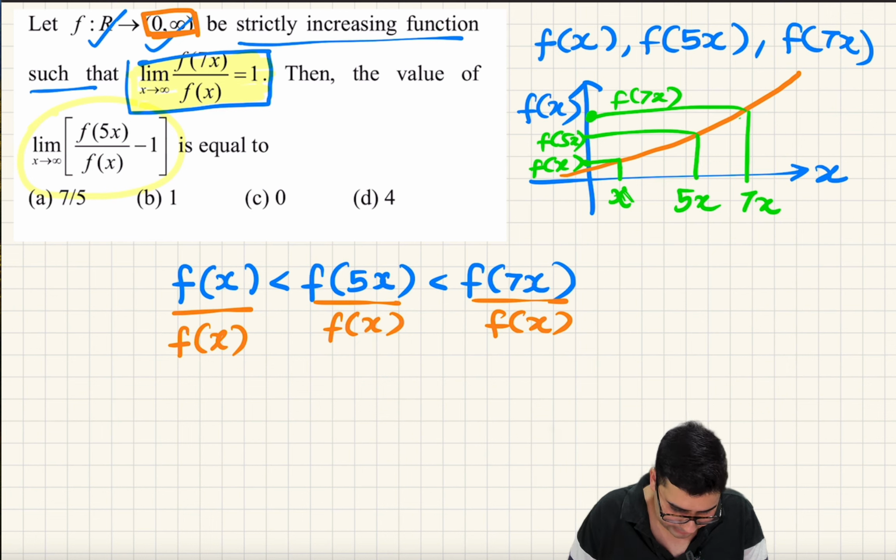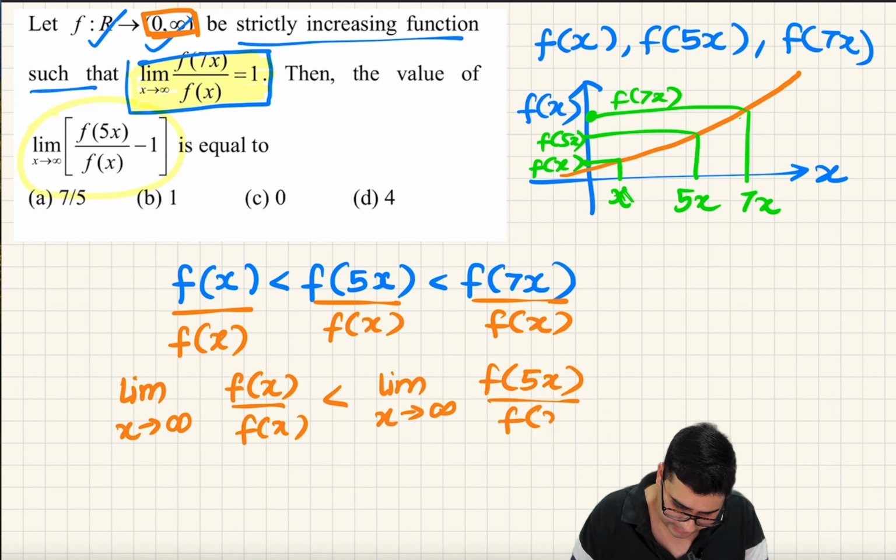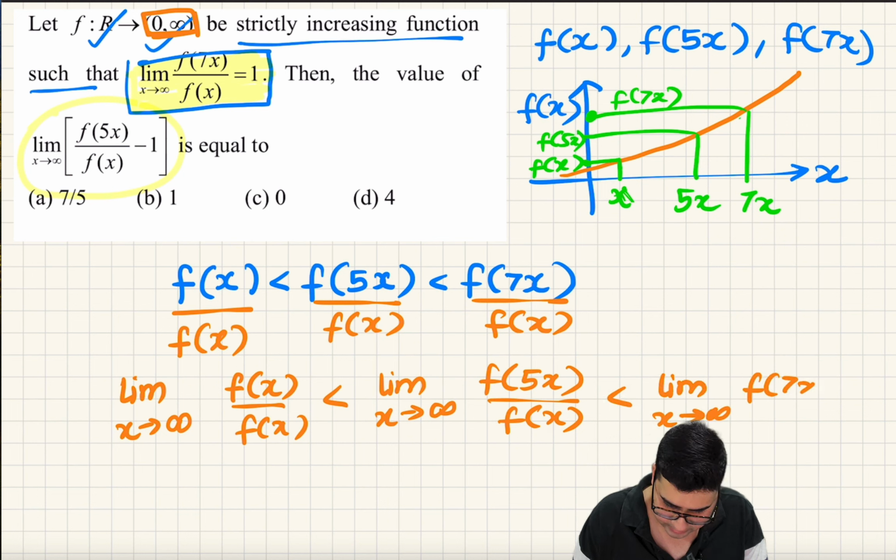And now I can apply limit x tends to infinity to all sides. So I'll get this as f of x upon f of x, which is less than limit x tends to infinity, f of 5x upon f of x, and which is less than limit x tends to infinity, f of 7x upon f of x.